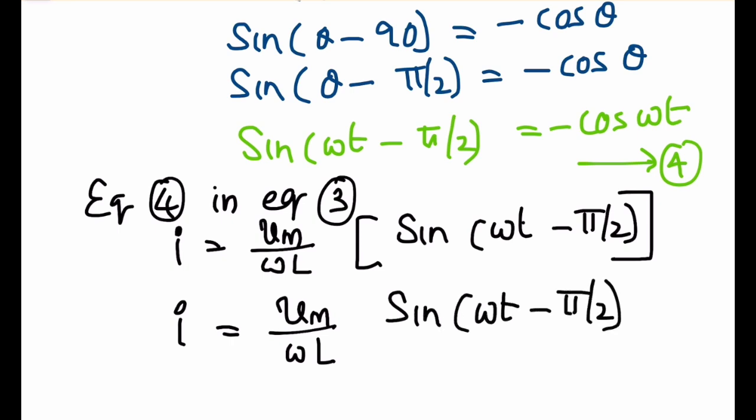Now the maximum value of current, Im, occurs when sine of omega t minus pi by 2 becomes 1, so the maximum value of current Im is equal to Vm by omega L.